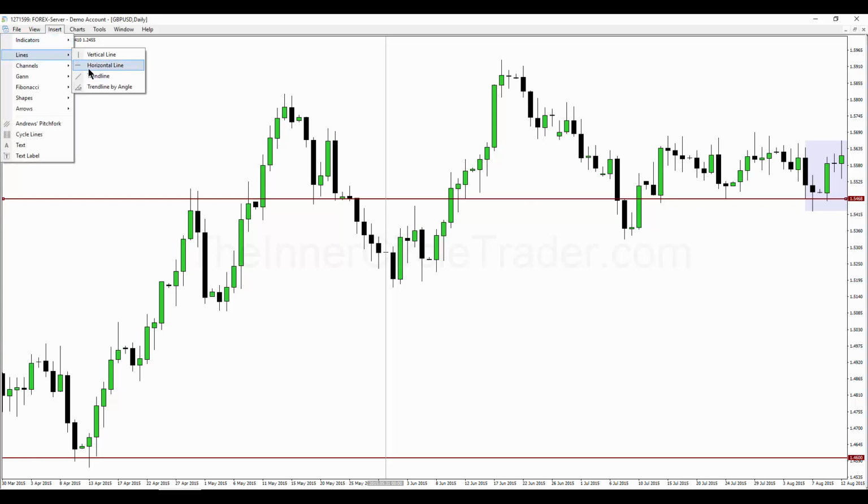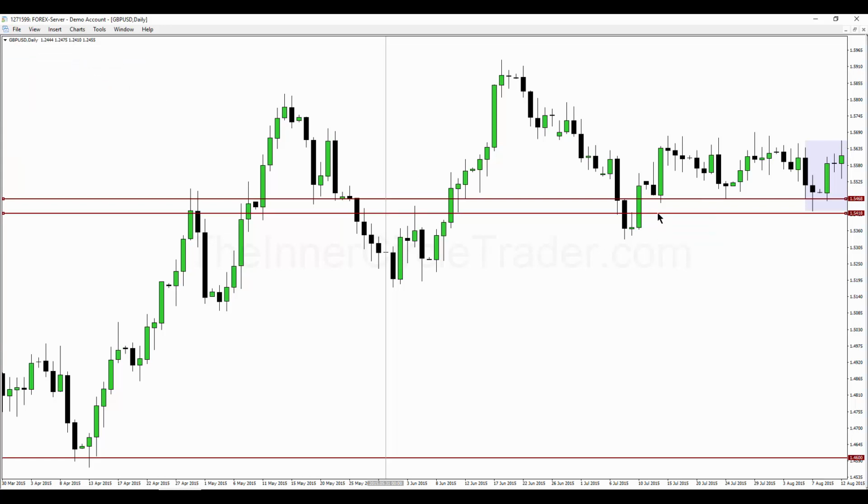Price came down and respected that range. Right in here, it didn't go any further than that. And then on this day here, it's August 10th, we traded through the down candle, making this a bullish order block right in here.